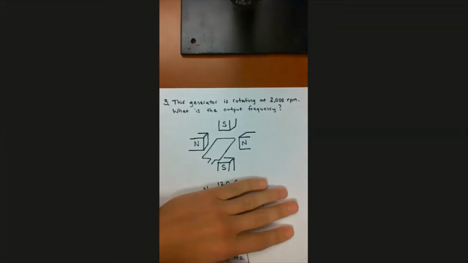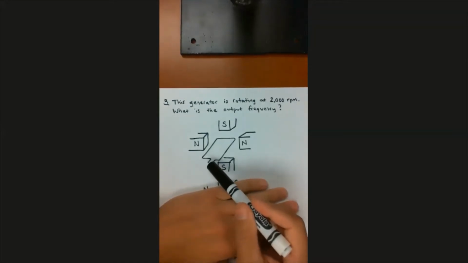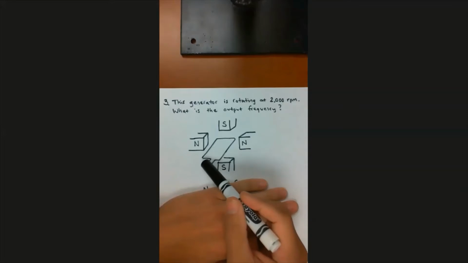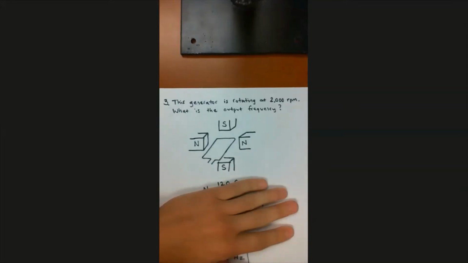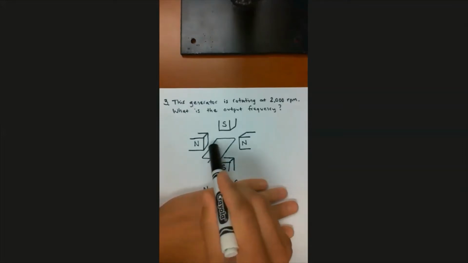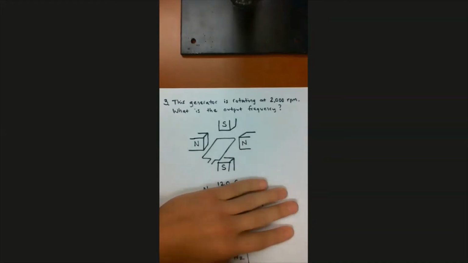What is the output frequency from this armature? It doesn't show the slip rings or the connections right here, but just assume that we do have slip rings here. And we know this is rotating at 2,000 RPM. What is the output frequency of the AC voltage? That's material from last time.